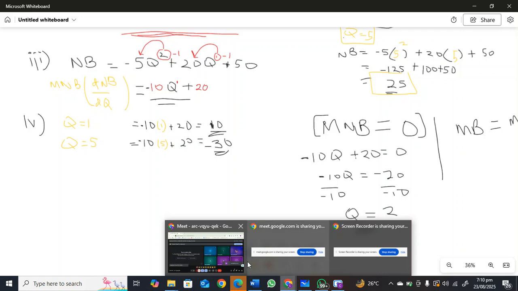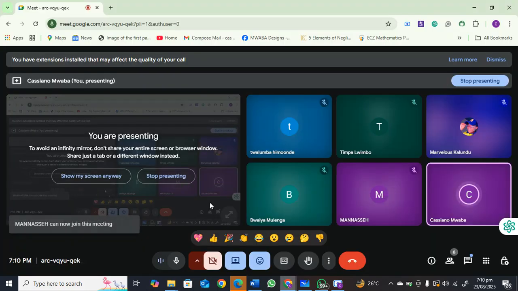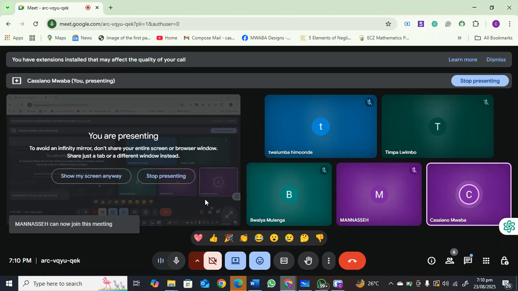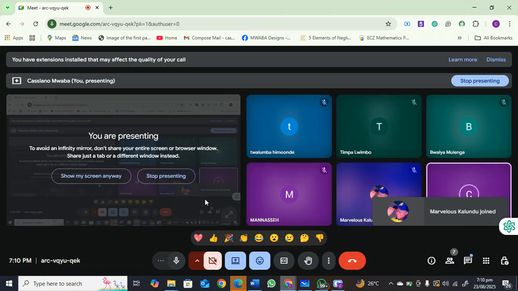Thank you for that. As you are calculating, it's normal for you to forget a negative sign or a positive sign. As you saw there, I also forgot to put a negative sign.